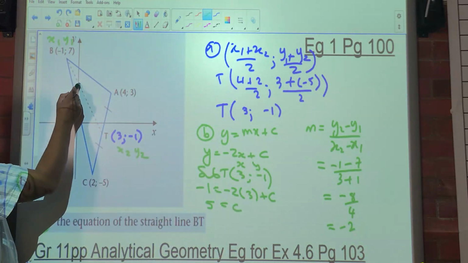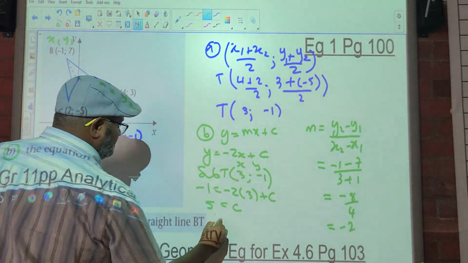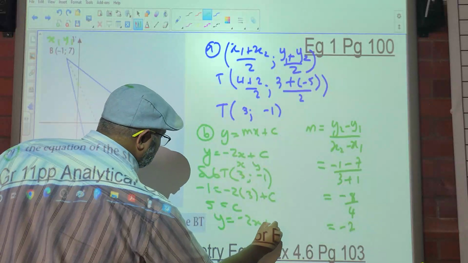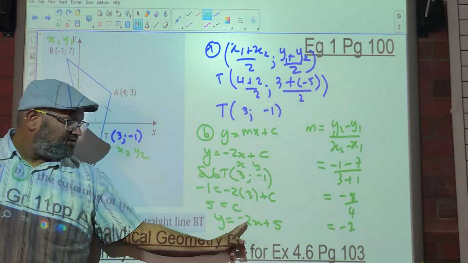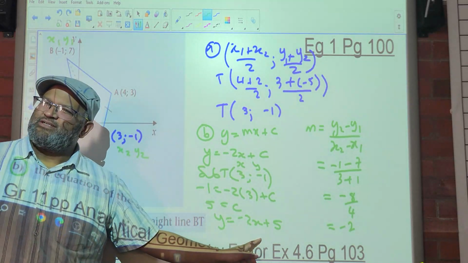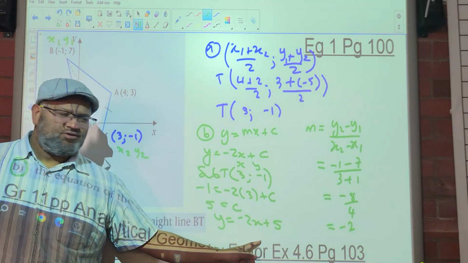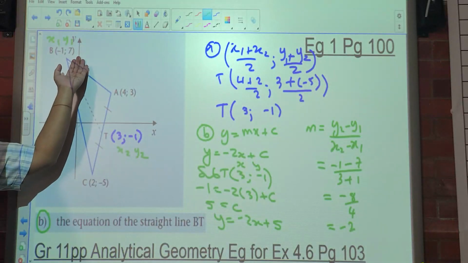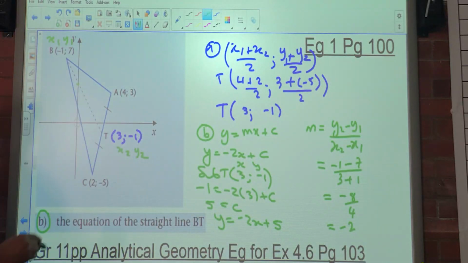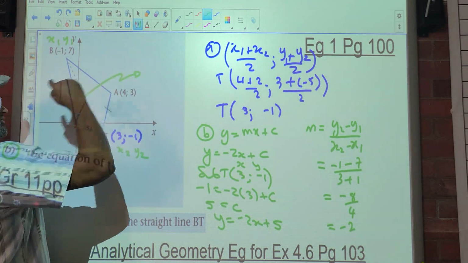So y is equal to -2x plus 5. And we can test it. We put -1 in here: -2 times -1 is 2, 2 plus 5 is 7, which confirms that we are correct. Any confusion there, people?